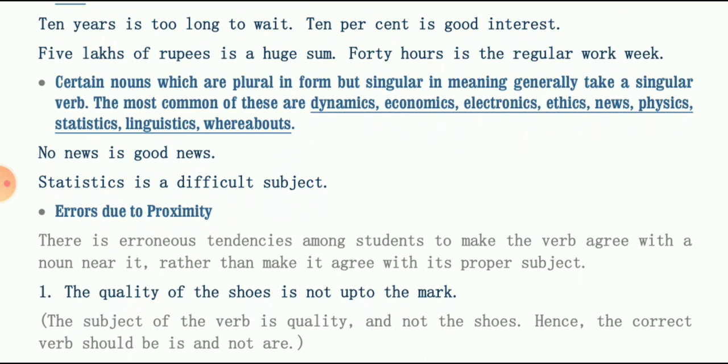Shoes are plural, so most of the students, because of errors due to proximity, will put "are" here, but we will use "is" because the subject of the verb is quality and not the shoes. Hence the correct verb should be "is", not "are".